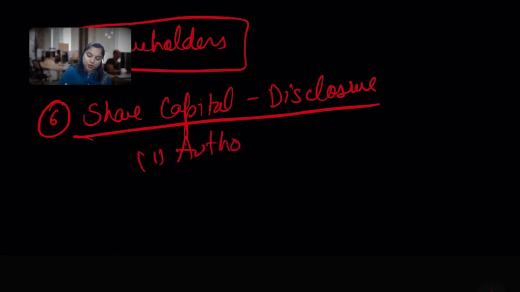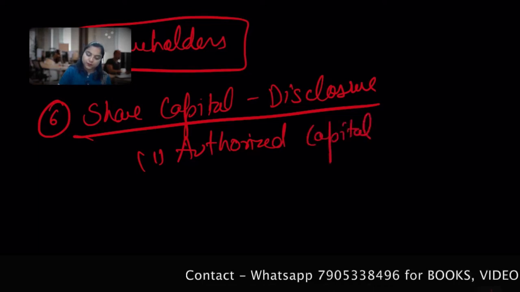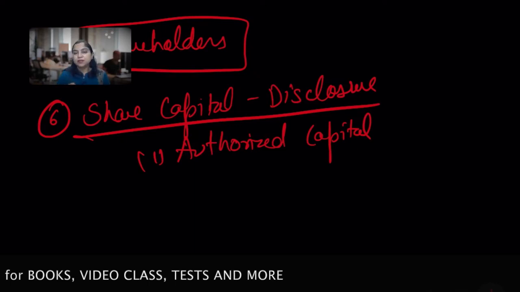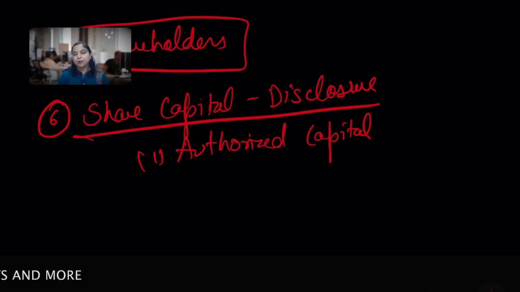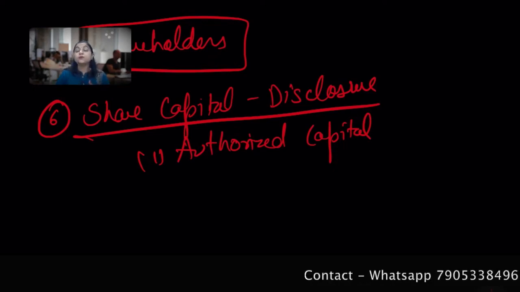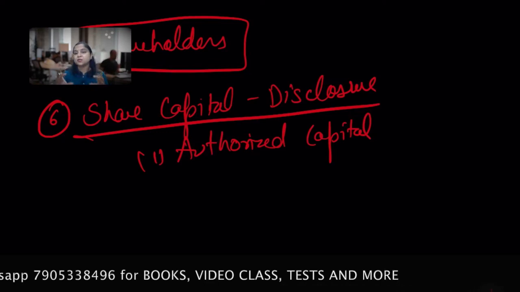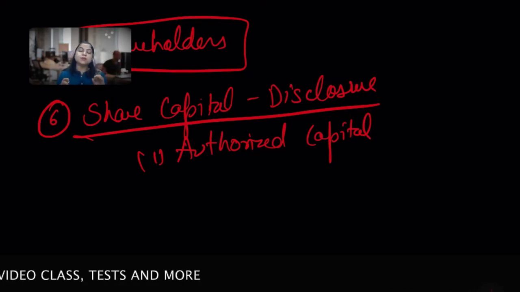So the first one is called authorized capital. Authorized capital is also called nominal capital or registered capital, which is registered as per the requirement of the Companies Act. It is the maximum amount of capital which a company can issue.